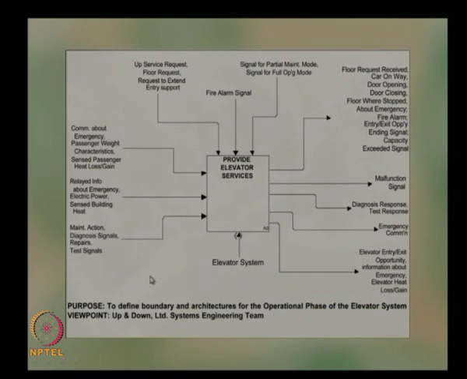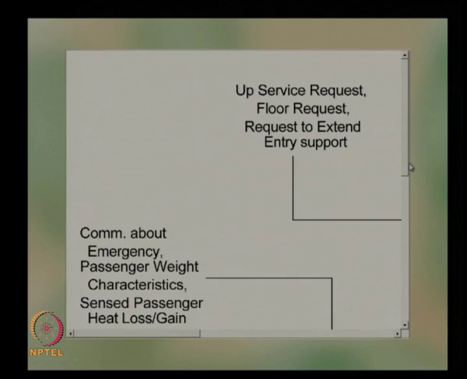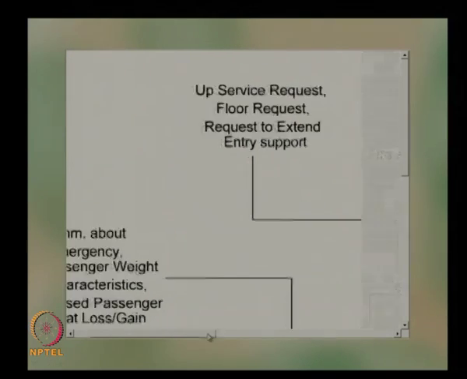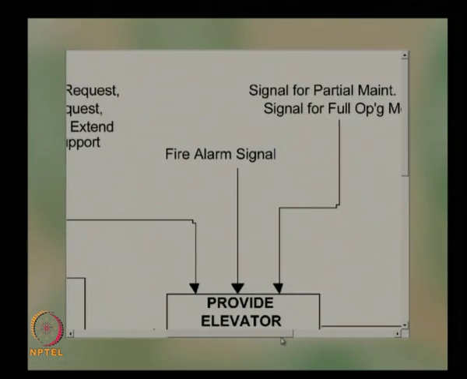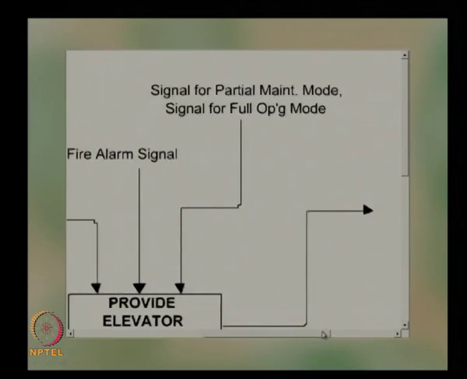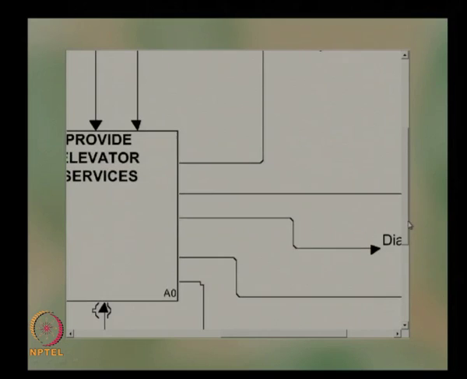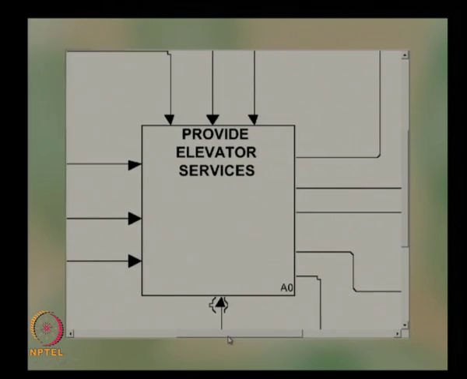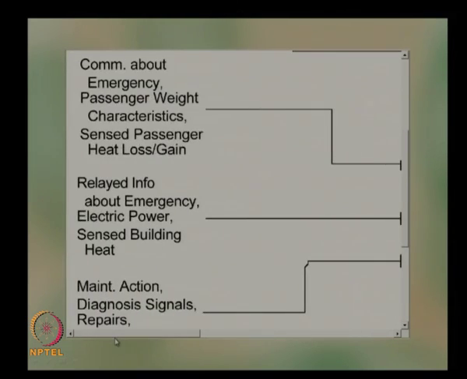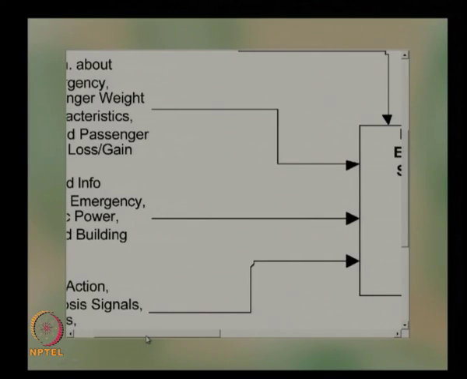So an external system diagram basically helps us to identify the boundary of the system where our design efforts need to be focused. This is the same diagram with a better view of the data. You can see this is the main system, the elevator, which provides elevator services, and these are the inputs about the emergency and maintenance.